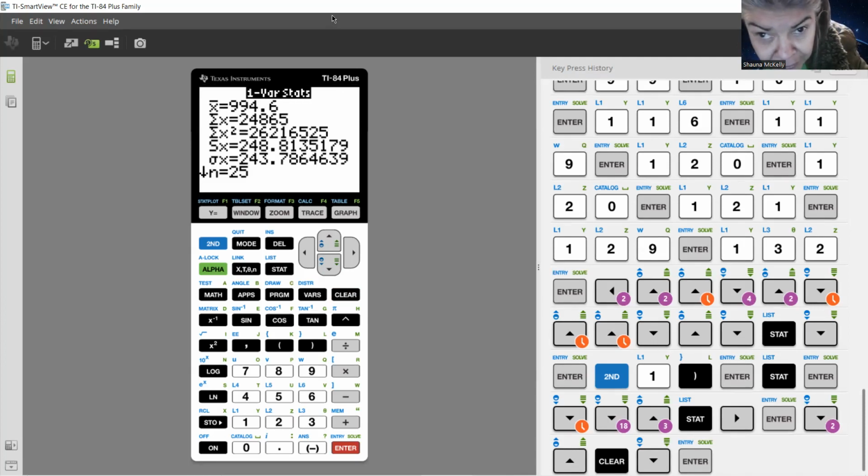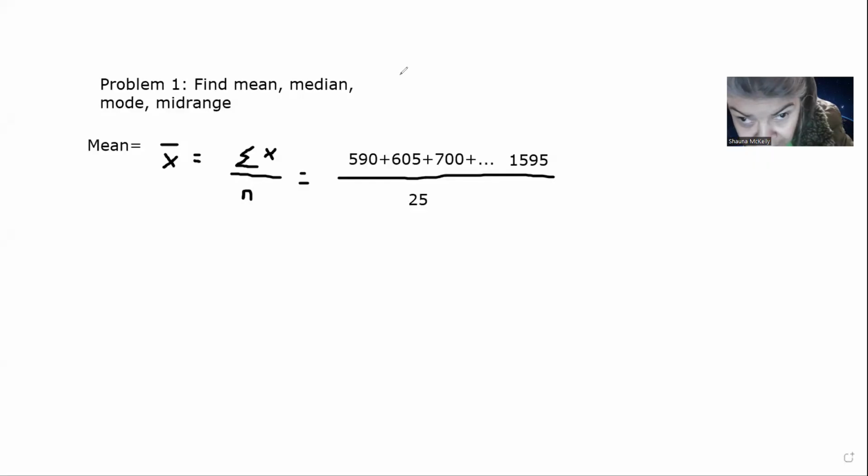So here we do 24,865, and we're dividing that by 25, because there are 25 data.